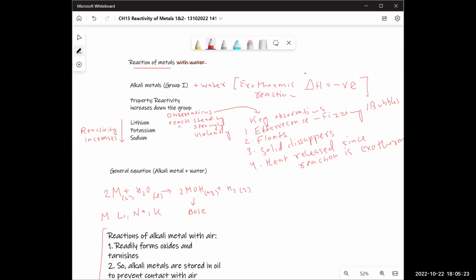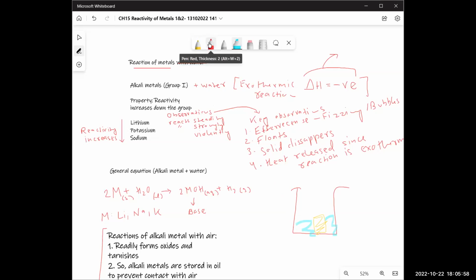Jawan, do you know what exothermic means? What is it? Tell me. Heat is given out. Okay. So let's say you have a beaker like this, and in this beaker you have sodium metal, and I put some water in it. Now heat is given out. If I touch the beaker, will the beaker feel hot or cold? Hot. Rania chooses hot.